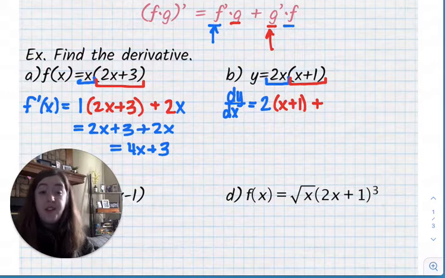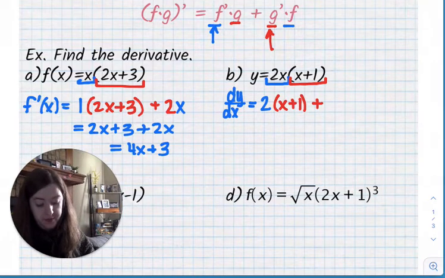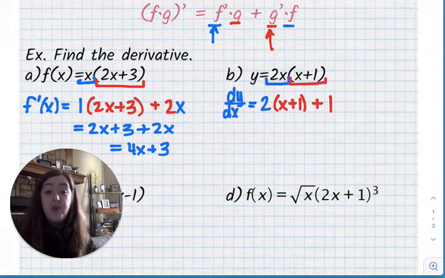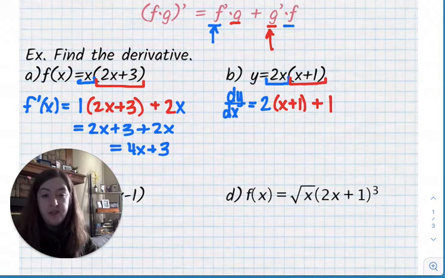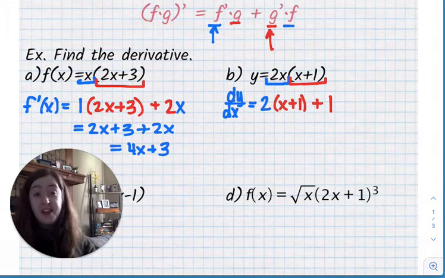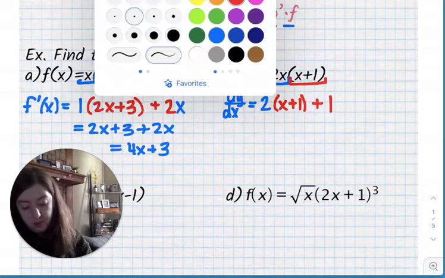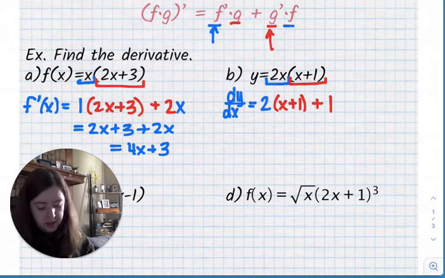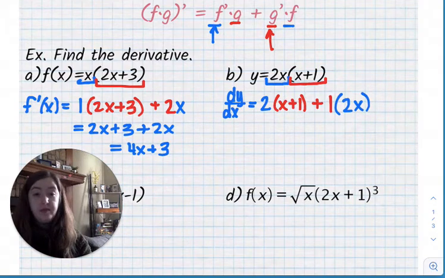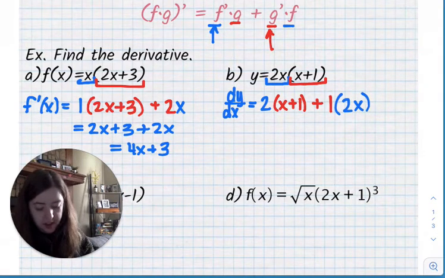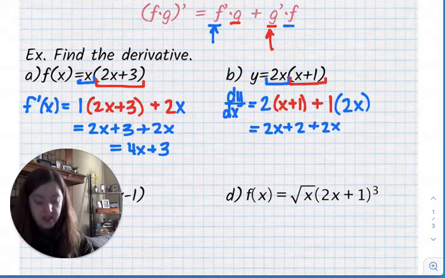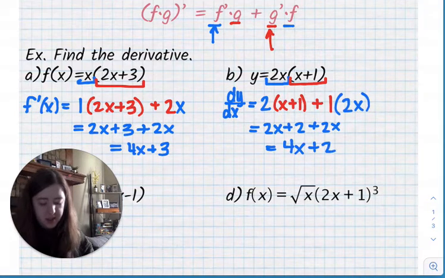The derivative of x is 1. The derivative of 1 is 0, so we just ignore it. And then we multiply that by the first, plain old 2x, not its derivative. So then we're left with 2x plus 2 plus 2x, which will give us 4x plus 2.